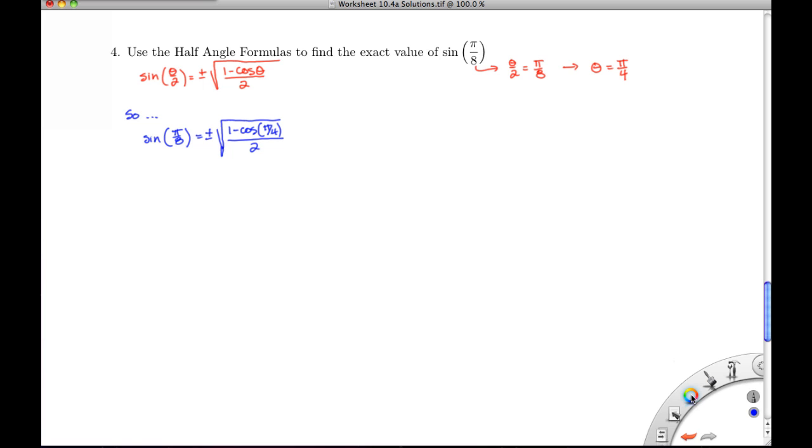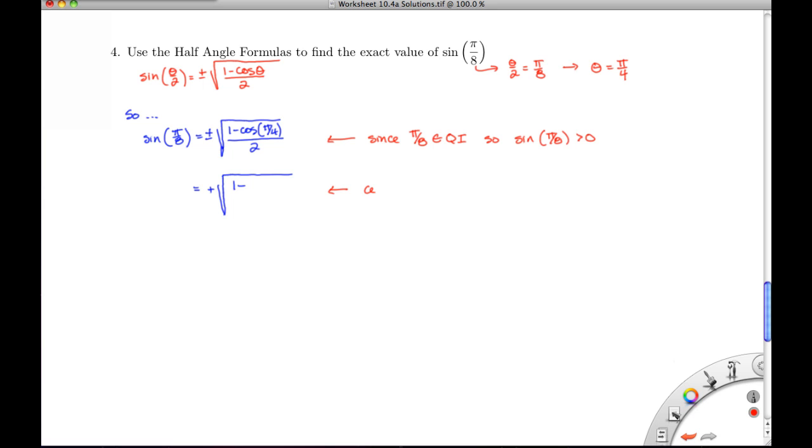Okay, so let's determine if this is going to be positive or negative. Since pi over 8, which in degrees is 22.5 degrees, is an angle in quadrant 1, the sine of a first quadrant angle is going to be positive. So we can at least deal with the plus sign right here. So this is going to be equal to plus the square root of 1 minus, and now how about this cosine?